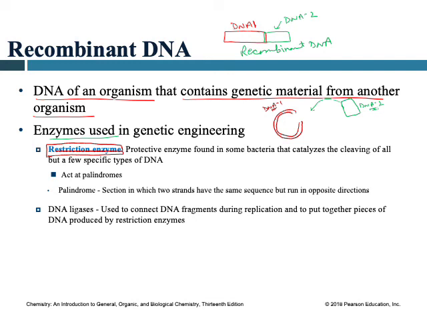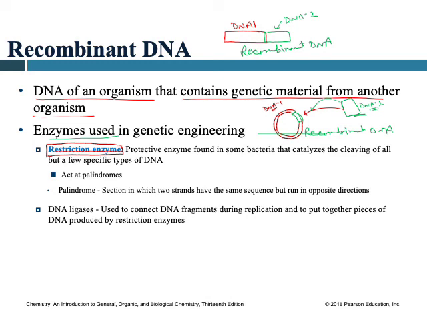And now you're going to add this second DNA from another organism, and you're going to make a recombinant DNA, because this DNA has two genetic materials, one from the first organism, the second from the second organism. So this is recombinant DNA. But once you put the second DNA into DNA1, you need to join these two DNA molecules, right? You have to glue them together.